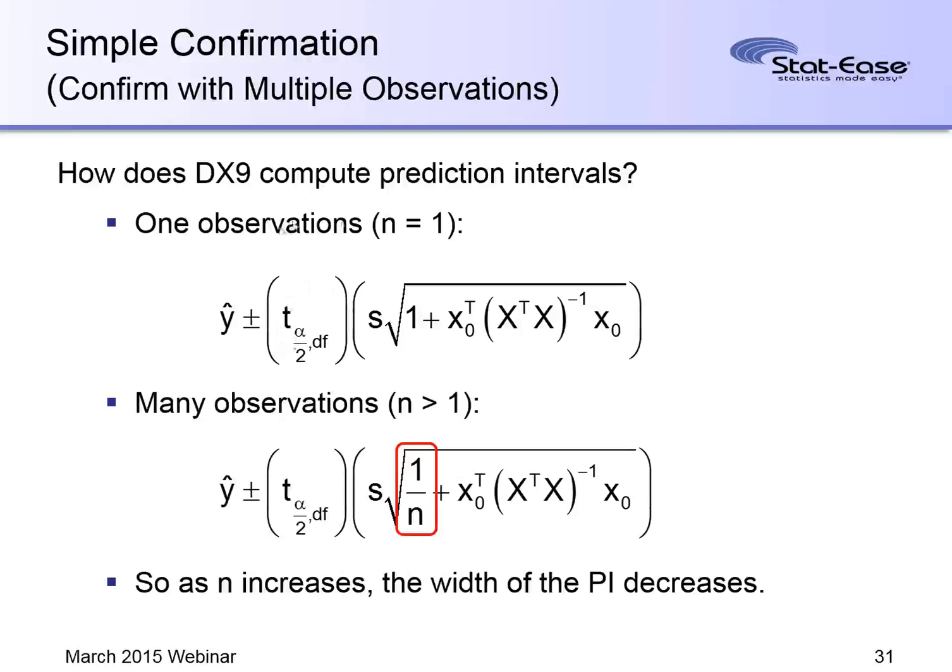The only difference between a prediction interval based off of one confirmation run and a prediction interval based off of many confirmation runs is this n in the denominator here. So you'll see that as you have more confirmation runs, the prediction intervals will be smaller. Okay?